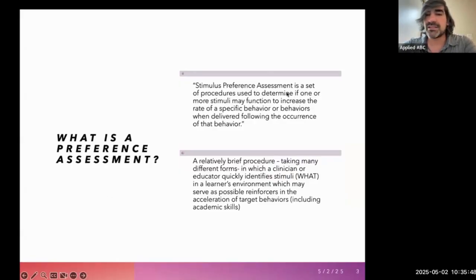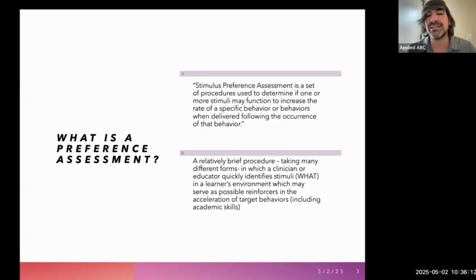So, what is a preference assessment? We'll go with the jargony ABA definition first and then the English version after. A stimulus preference assessment is a set of procedures used to determine if one or more stimuli may function to increase the rate of specific behavior or behaviors when delivered following the occurrence of that behavior.